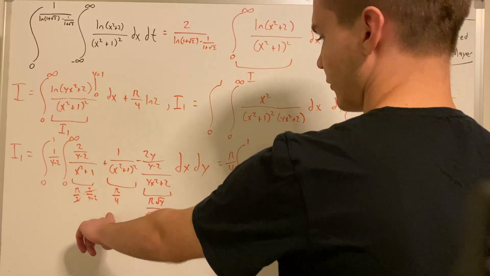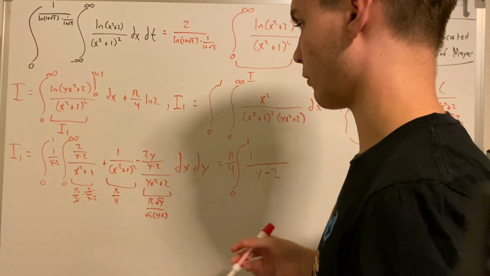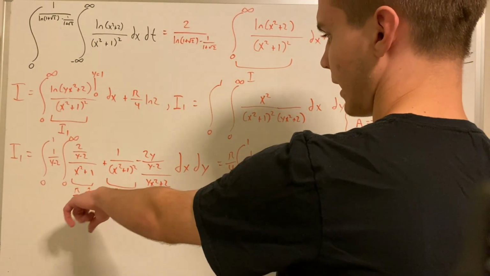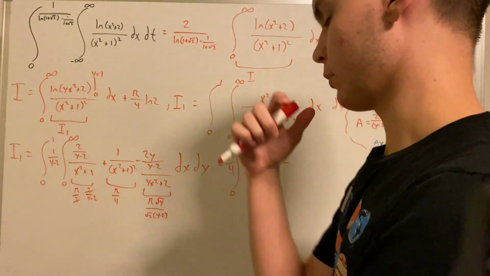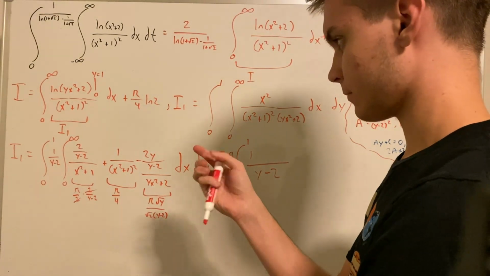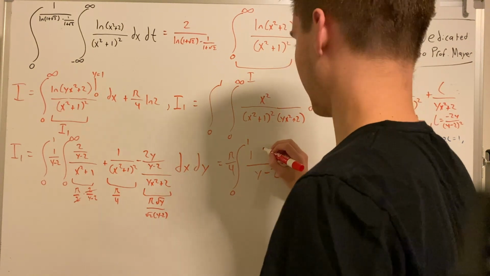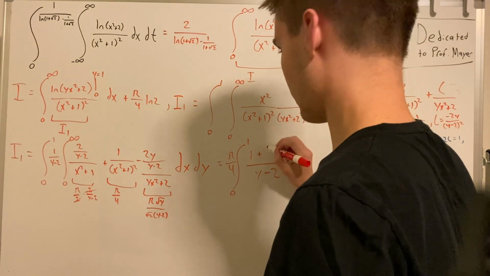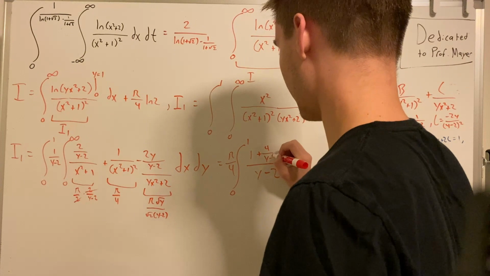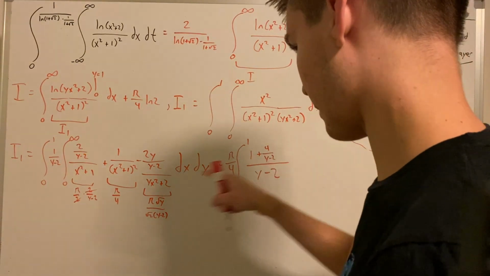So I'm going to do this first. We have a 1, because we had a pi over 4 and I factored out a pi over 4. Next, we had a pi by y minus 2. I factored out a pi over 4, which means I'm going to have to multiply by 4 to that thing. So we're going to have a 4 over y minus 2. Yes? Because pi by 4, we make that pi over y minus 2.